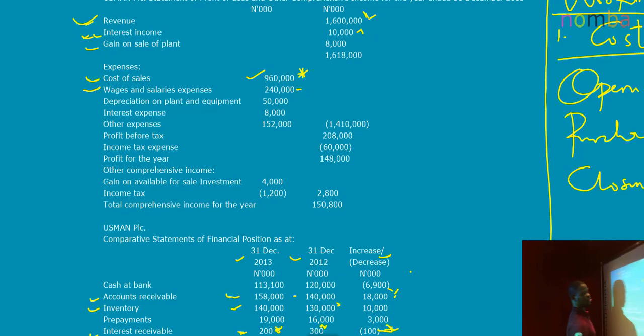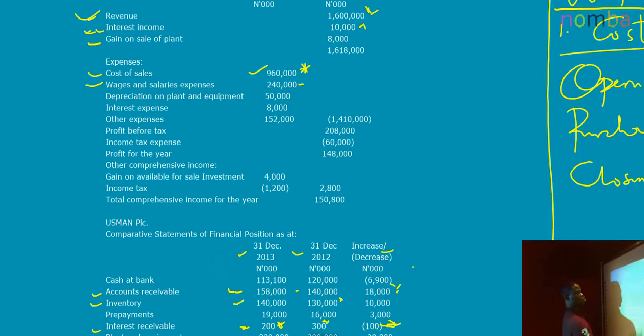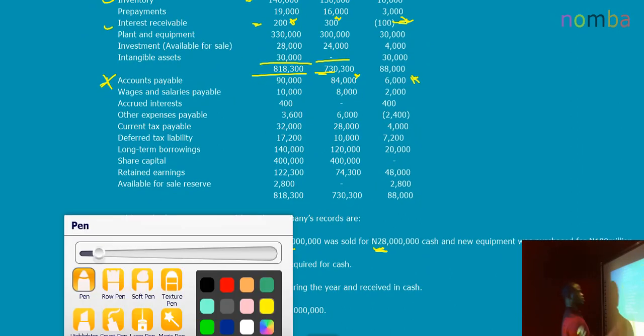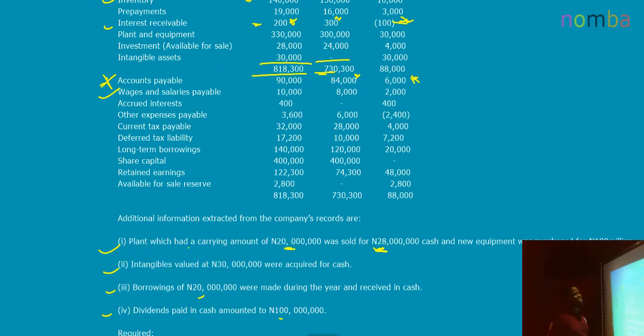We will confirm it from the liability section of the statement of financial position if we are still having any outstanding wages and salaries. So we'll go and look at our statement of financial position, and we have wages and salaries payable. So there is still some portion of that wages and salaries that has not been paid.